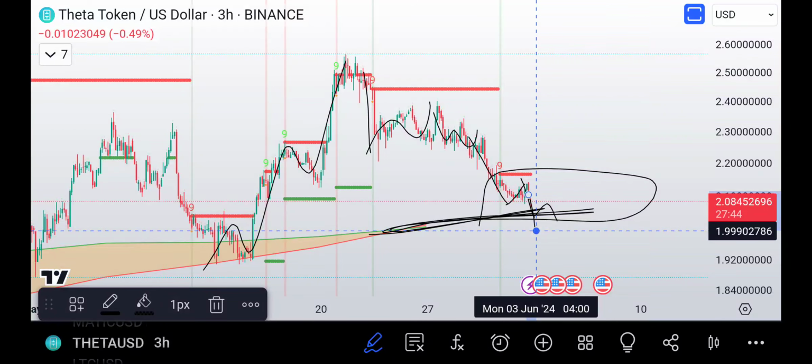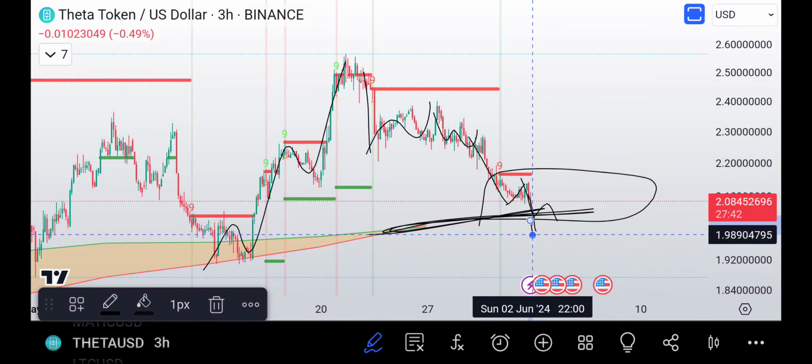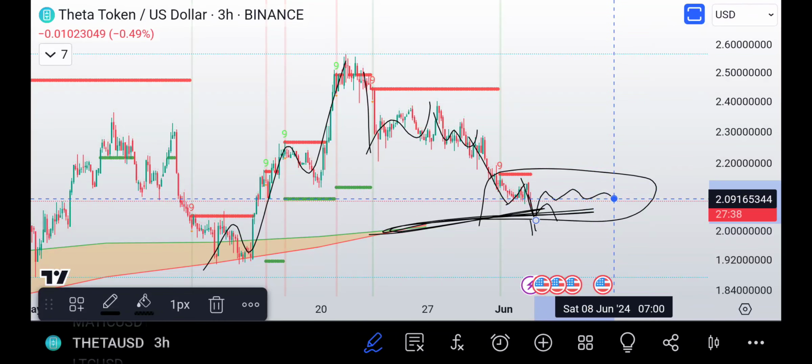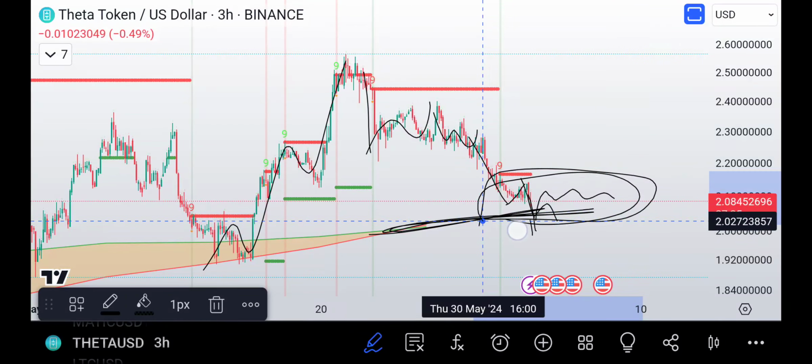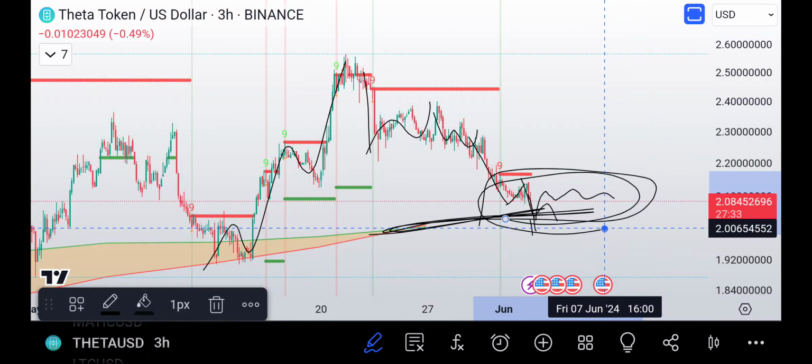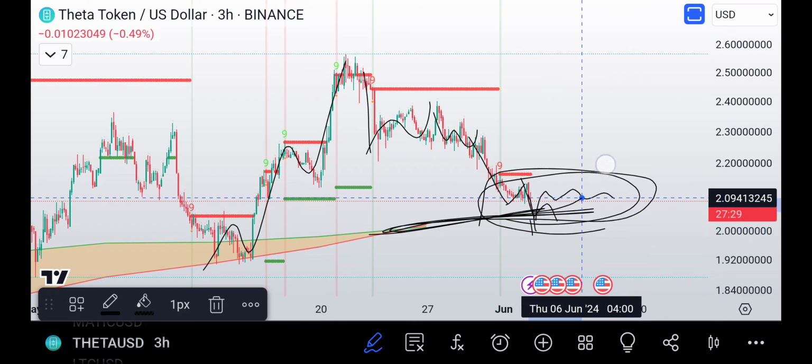We could come down and tag the low here quickly below $2. But yeah, that's kind of what I'm looking for: support to get held in here around that $2 area. And then, of course, a recovery.